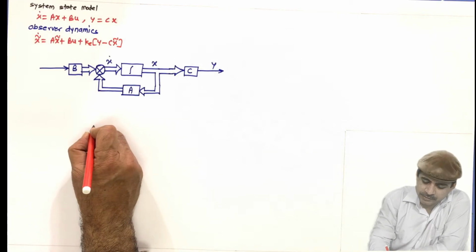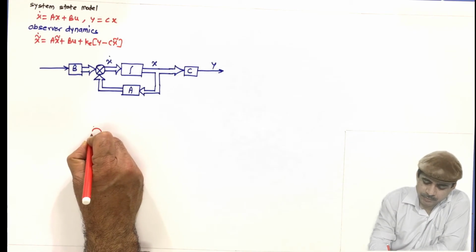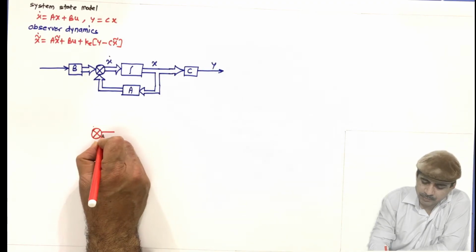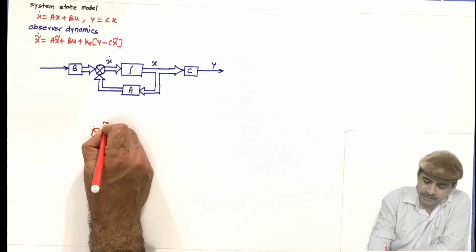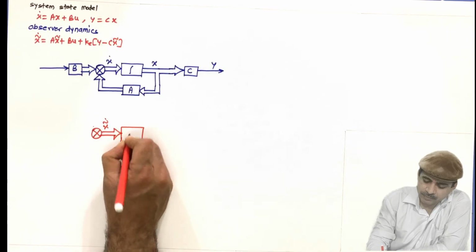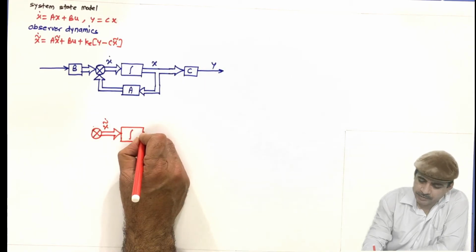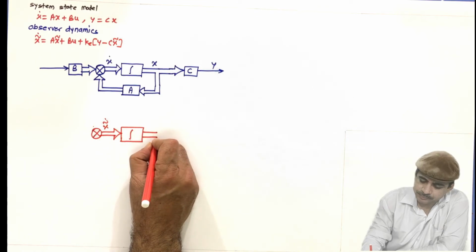So for this I will have, let this be x tilde dot, with the help of integrators. Now I will get here x tilde.